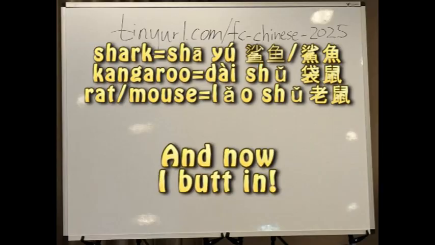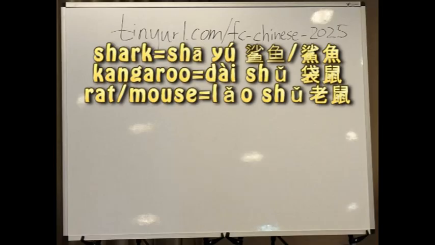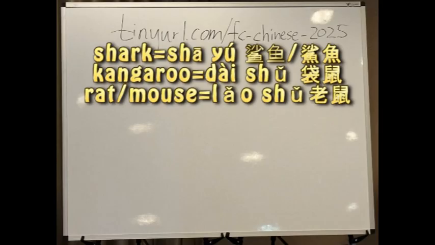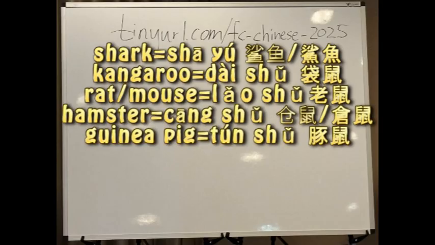How about guinea pig? 仓鼠 is like hamster, but sure, it's kind of the same thing in Chinese. I thought I read somewhere that guinea pig is like Netherland pig or something. I've never used that, but it could be. I would just call it 仓鼠, though 豚鼠 is smaller.